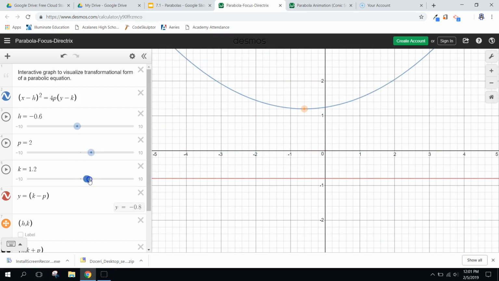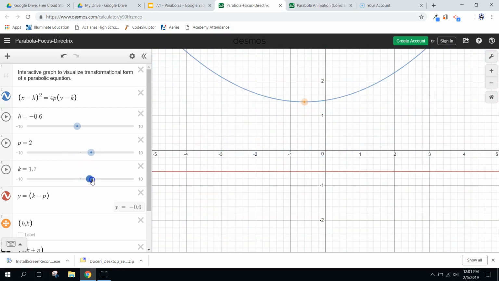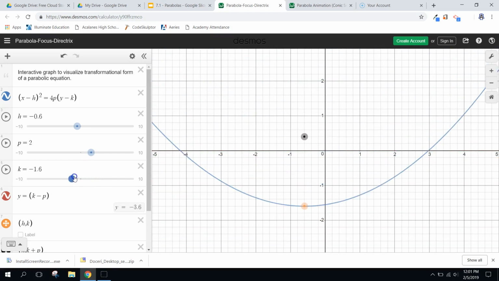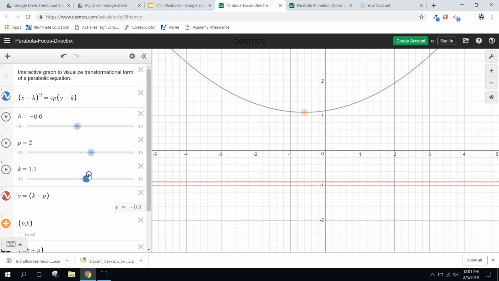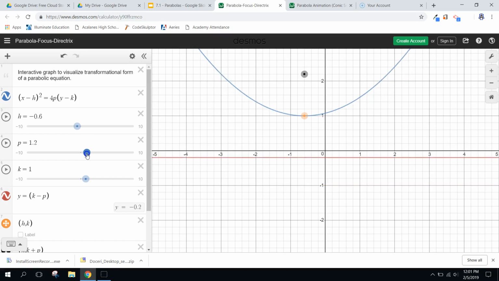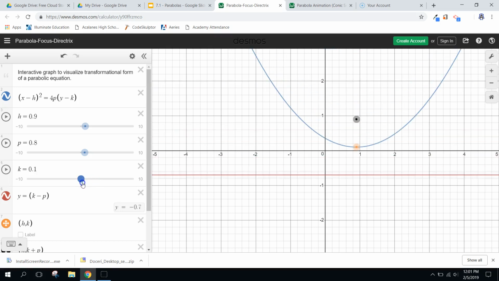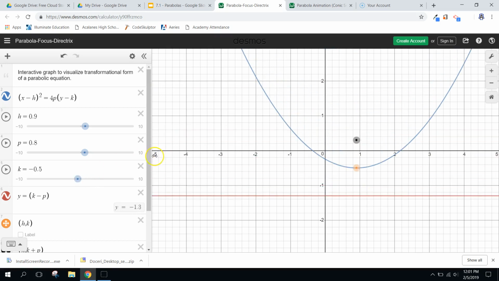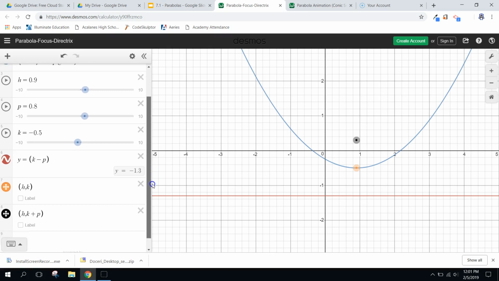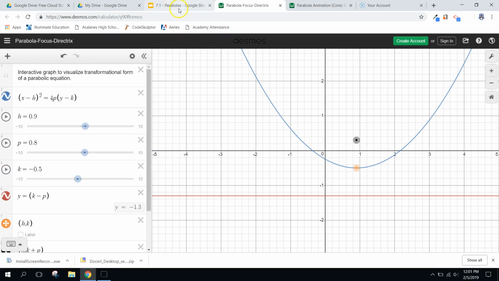If I move the k value, that's going to move the center point of the y value up and down. So I can adjust the p value, I can adjust the h value, that center point, and I can adjust the k value to move it up or down. So those transformations are still intact as we're looking at our parabolas.